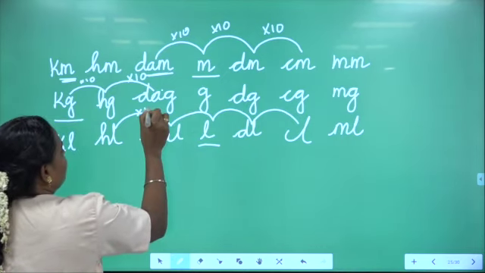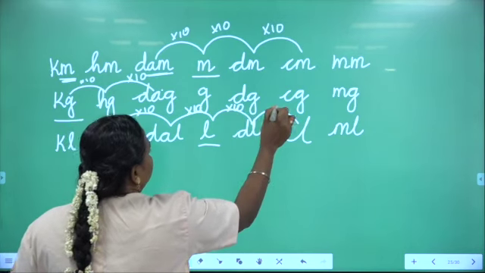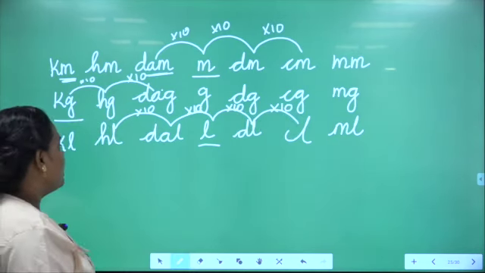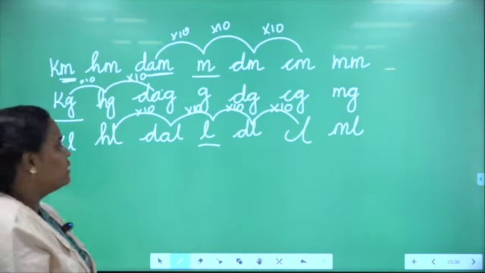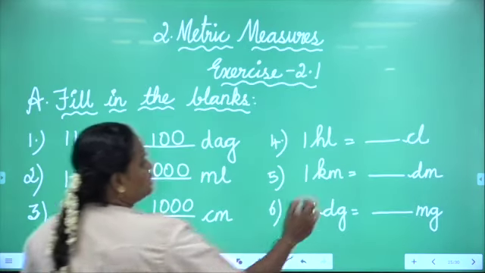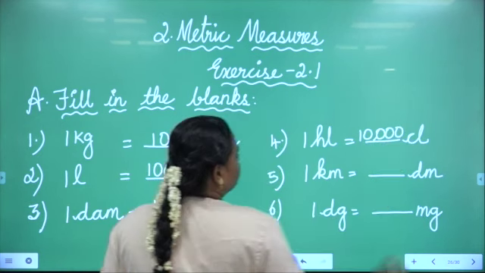So you multiply 10 into 10 is 100, 100 into 10 is 1000, 1000 into 10 is 10,000. So 1 hectoliter equal to how many centiliter? 10,000 centiliter. 1 hectoliter equal to 10,000 centiliter.